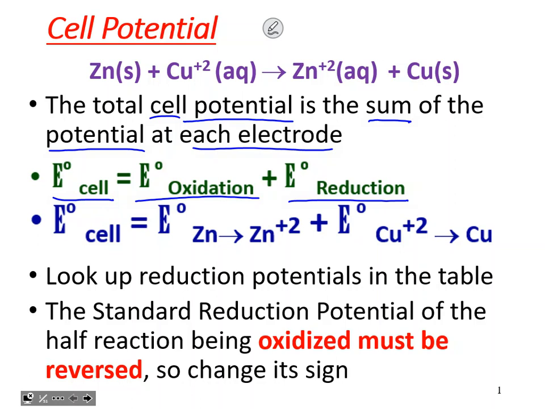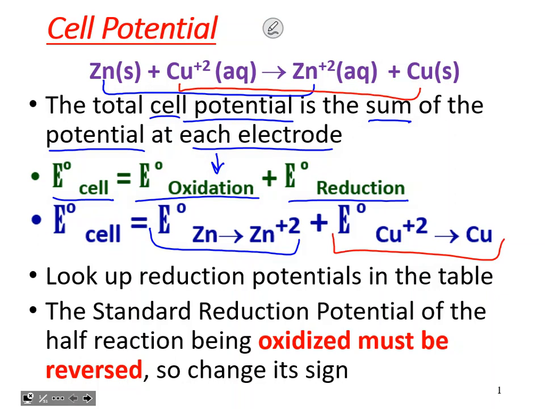Now, if you're looking at the reaction up here, you'll see zinc is being oxidized. So that's going to be this part, the oxidation E cell part, and the copper is being reduced up here. So that's going to be this part, the reduction part of calculating the E cell.